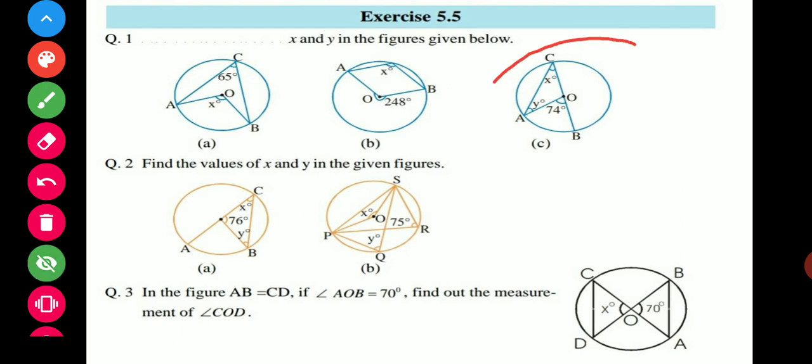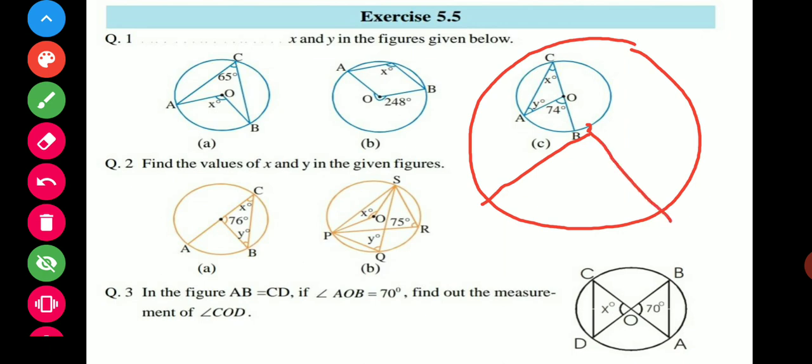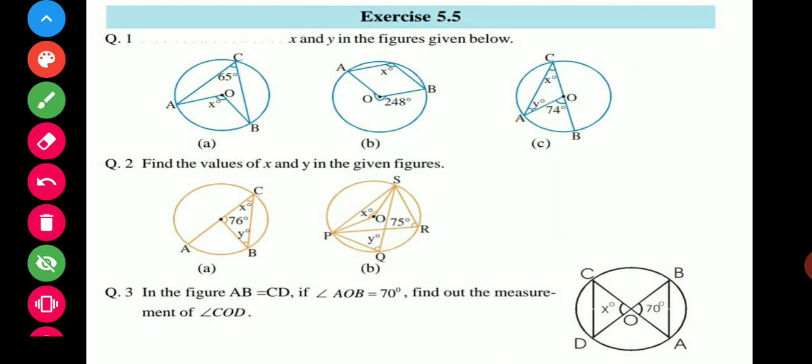First of all, you can see here it is a circle, and that is your center, and that is your circumference. This one. Whatever angle is formed on the circumference, just double that angle is formed at the center. Always remember, whatever angle is formed on the circumference, just double of it will be at the center. So you can check here in your first question.